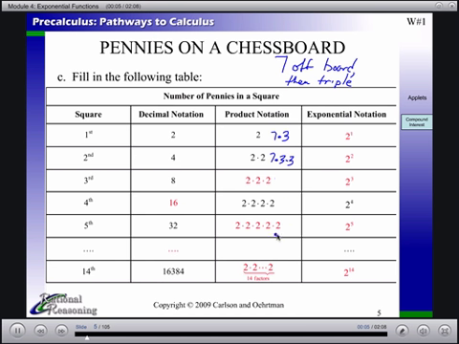What about the fifth square? Every time we advance a square, how do we get the new number of pennies? Which is so mathematically, what is that? How do we get the next number of pennies? Multiply by? What's the growth factor?